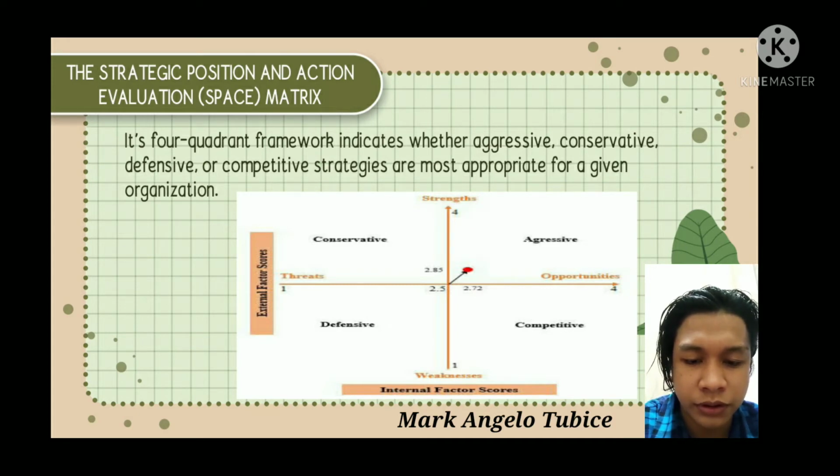This posture is considered to be similar to Michael Porter's generic strategy of product differentiation.